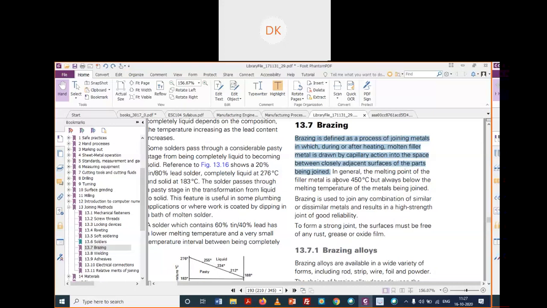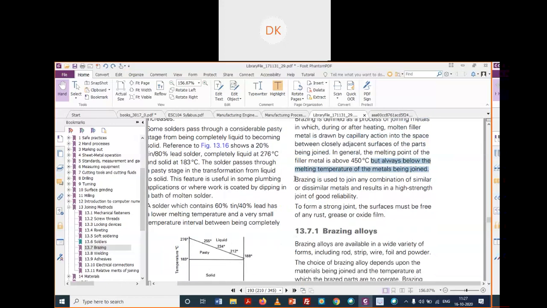The melting point of the filler material is above 450 degrees Celsius, but it's always below the melting temperature of the metals being joined. So it can be used to join any combination of similar or dissimilar metals, and it produces high strength, but not as high compared to the welding process.